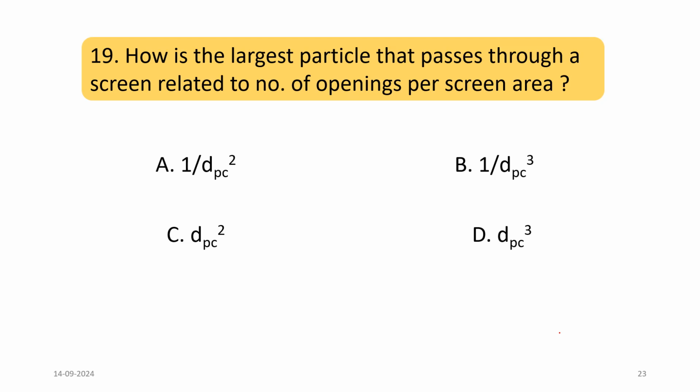The number of openings per screen area is proportional to 1 by dpc square. And dpc is the largest particle which just passed through a screen.